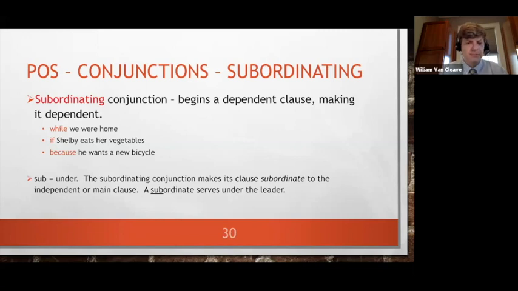I've got three examples there for you. While we were home, if Shelby eats her vegetables, and because he wants a new bicycle. These words while and if and because are our subordinating conjunctions, and they send those ideas underneath a main idea. So this is really, really important. We're going to come back to this, but this is where we get into comprehension and writing that really impacts students.